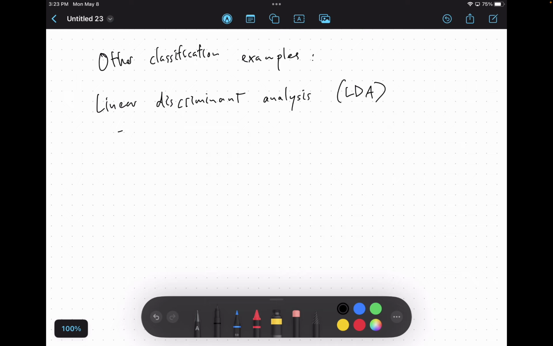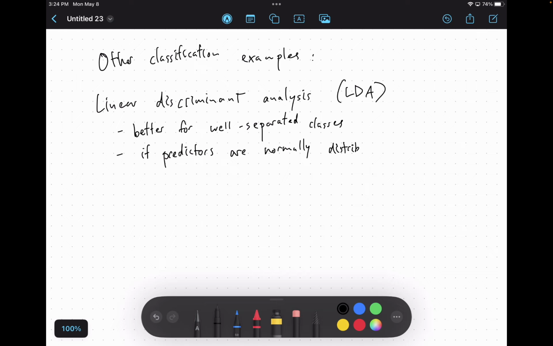This is very similar to multinomial, and better for well-separated classes. If predictors are normally distributed, then it's more stable than logistic regression.